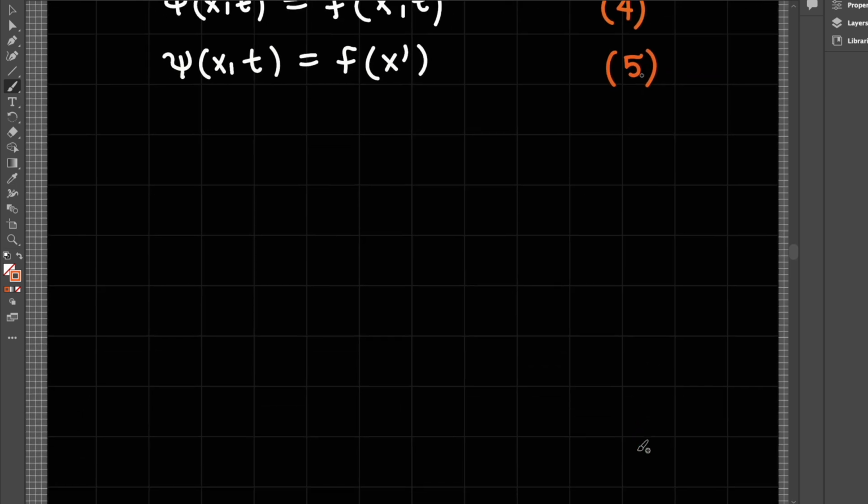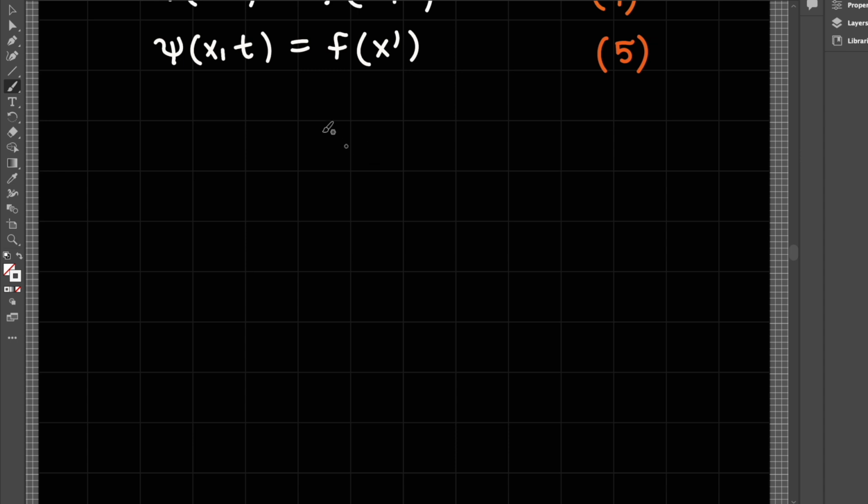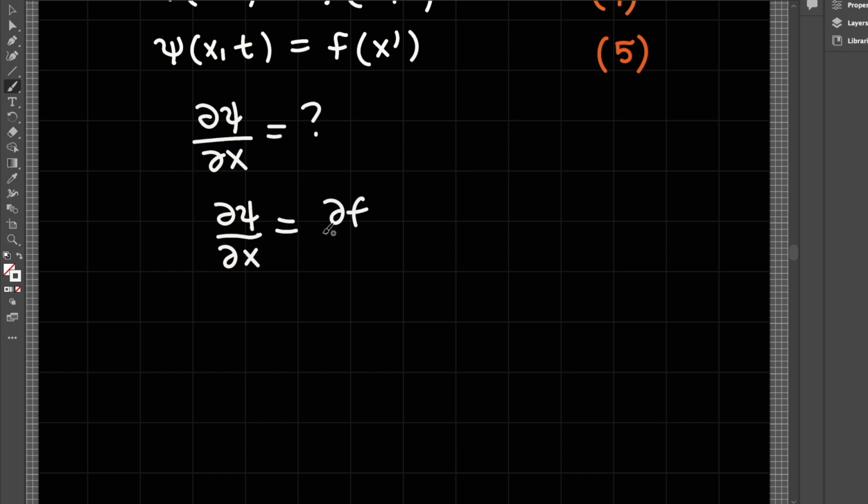So while we are at psi of x, t equals f of x', what does the partial of psi with respect to x look like? Since psi is equal to f, partial of psi over partial of x is equal to partial of f over partial of x.